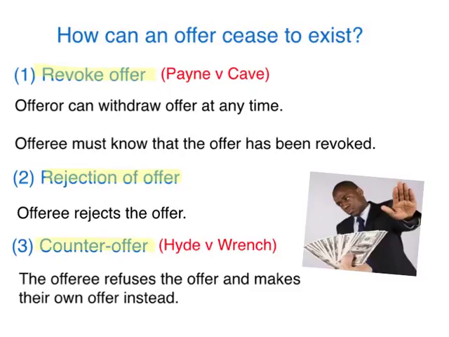In this case, the defendant actually offered to sell his farm for £1,000, but the claimant thought £1,000 was too much money, so decided to counter it and say, well, I'll offer you £950 instead. Now this was rejected by the defendant, and then the claimant said, well, okay then, I'll buy it for the original asking price of £1,000.